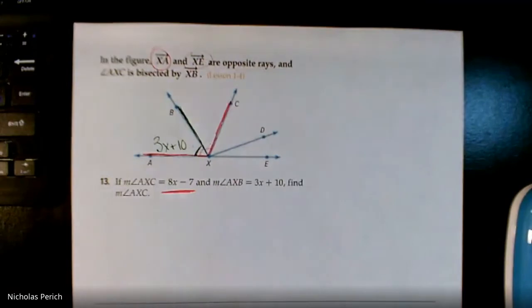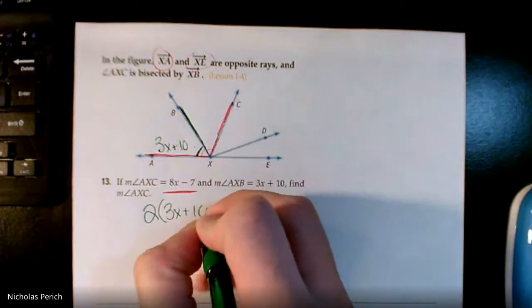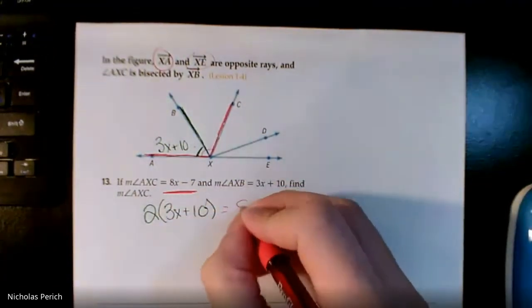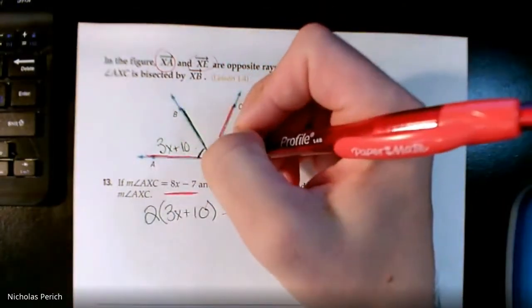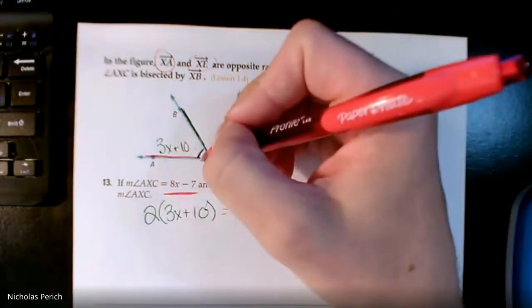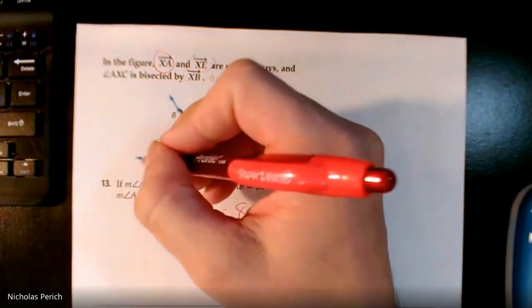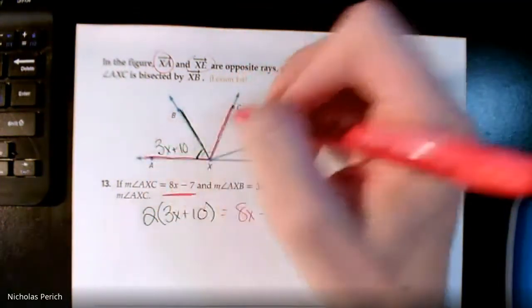So 2 times that angle, 3x plus 10, is going to equal the whole AXC angle. The only tricky problem on the quiz tomorrow is what I just said like 5 times. If I have a bisector, it cuts this whole thing in half, which means each part is half. So if I'm given a part, I have to double that part to find the whole.